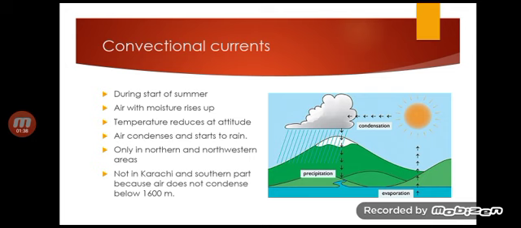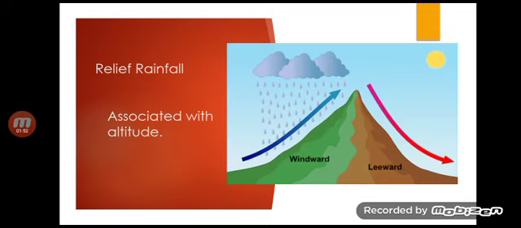In fact, Karachi is closer to the ocean, but it still does not receive rains from convectional currents, mostly because it is at a very low elevation.